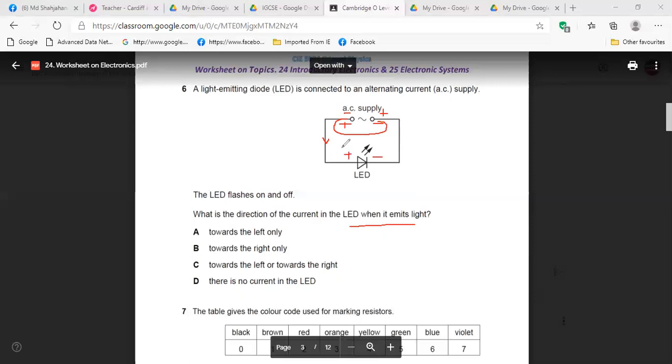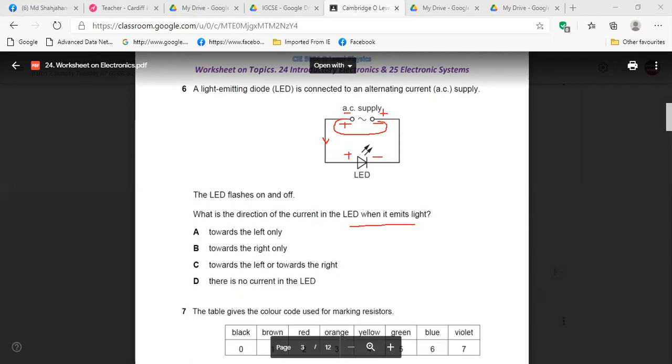So we got the idea that electricity flows from left to right if it is emitting light. So what should be your answer? Towards the right. Towards the right only, right? Towards the right only means B. So your answer is correct.